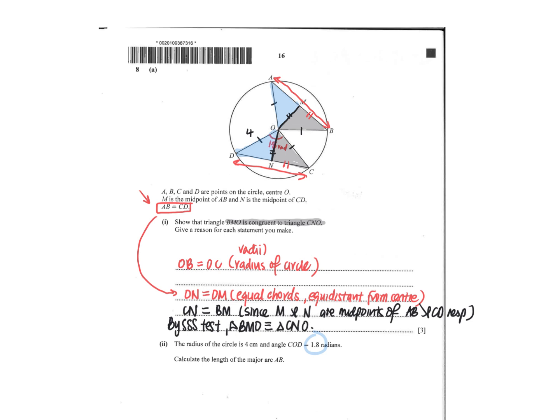I use ASA. ASA, you have two angles equal? OB equals to? How do you know? Okay, can. Yours is what? What is the reason why they are equal?